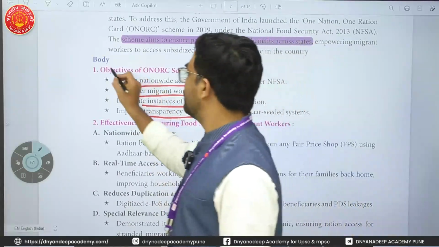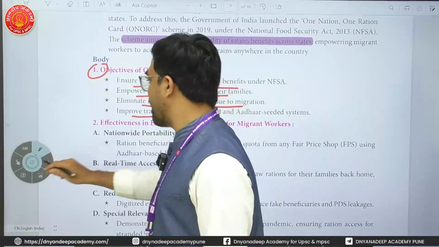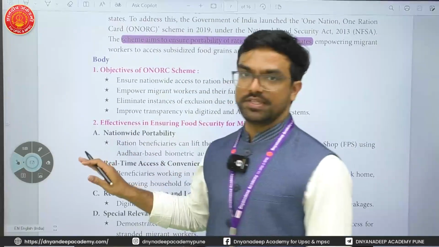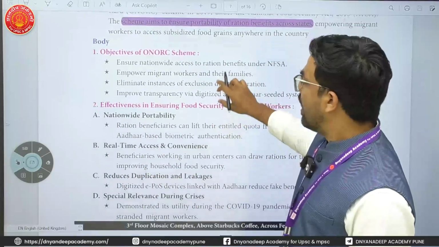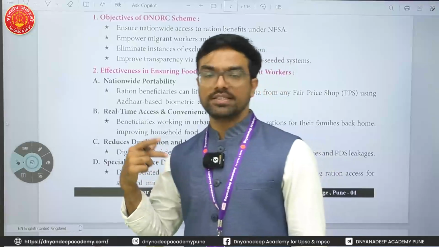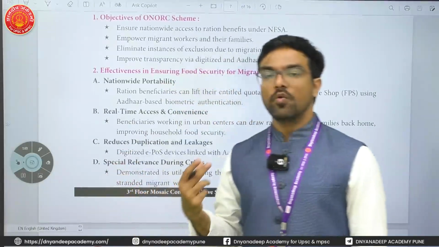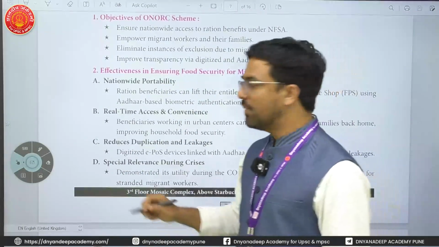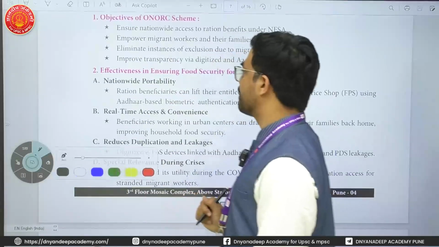So these are the major objectives, right? Two or three objectives. The main focus should be on the effectiveness of this scheme. What is the role of the One Nation One Ration Card scheme in addressing food security of migrant workers? So this should be the main content.